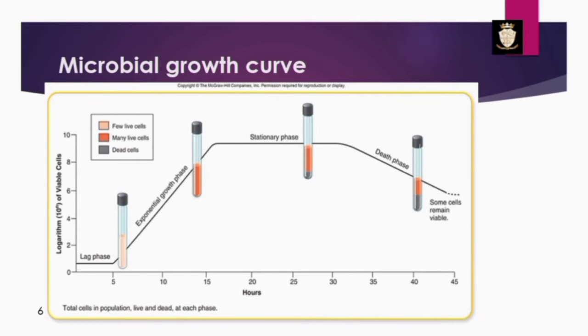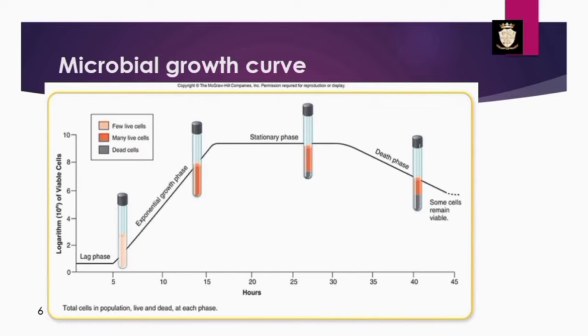Microbial growth curve. The graphical representation of microbial growth phases is known as the microbial growth curve. Here we can see the four phases of microbial growth: lag phase, exponential growth phase, stationary phase and death phase.